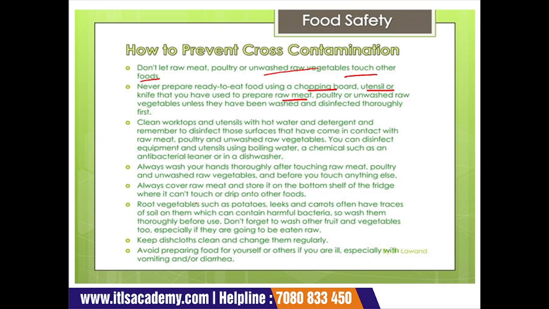Always cover raw meat. Raw vegetables such as potato, leeks and carrot often have traces of soil on which harmful bacteria can be present. Keep dish cloths clean and change them regularly. Avoid preparing food for yourself or others if you are ill, especially with vomiting. If a person is ill, then they are not allowed to prepare food.